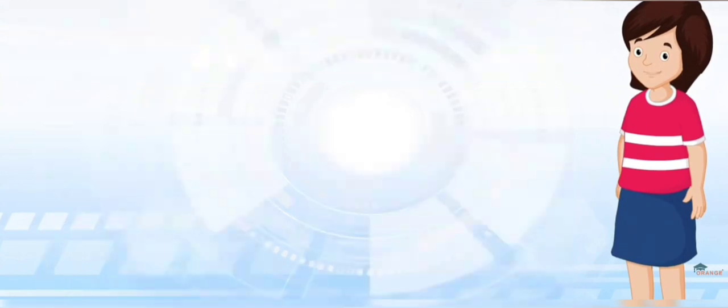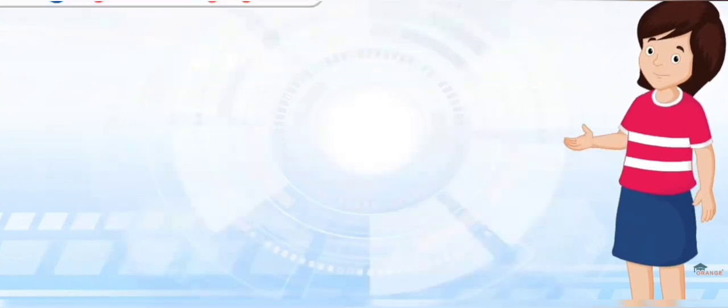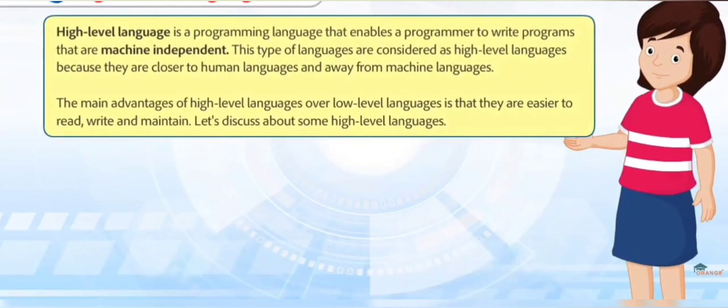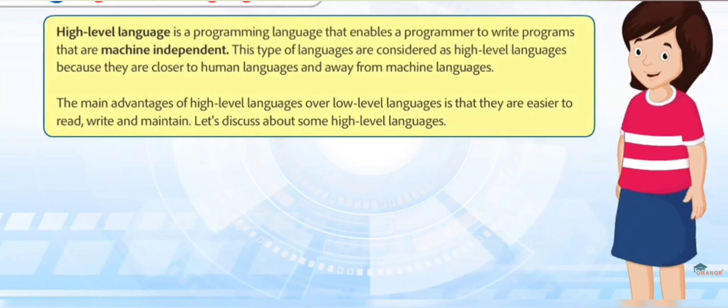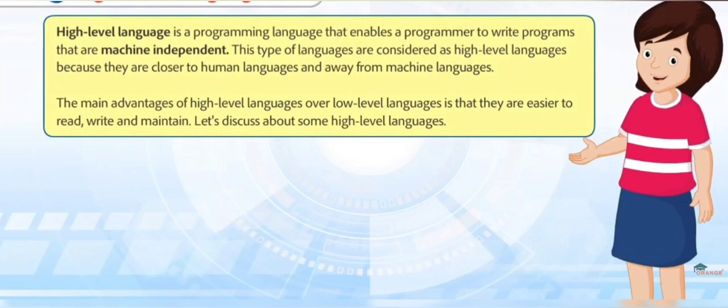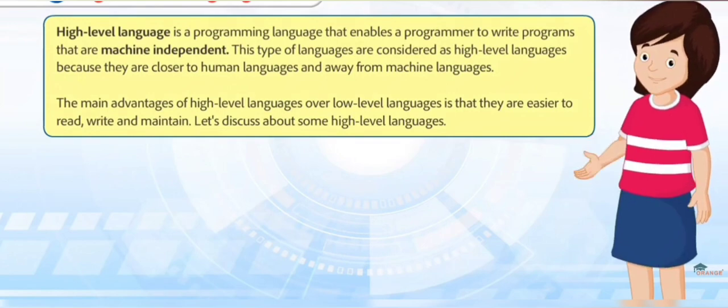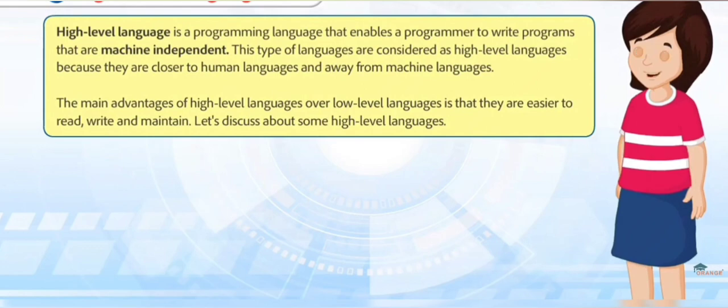Now, high level language. It is basically a programming language that enables a programmer to write programs that are machine independent, meaning they can be easily run on any type of computer. The main goal of these languages is to make programming easier and less error-prone.